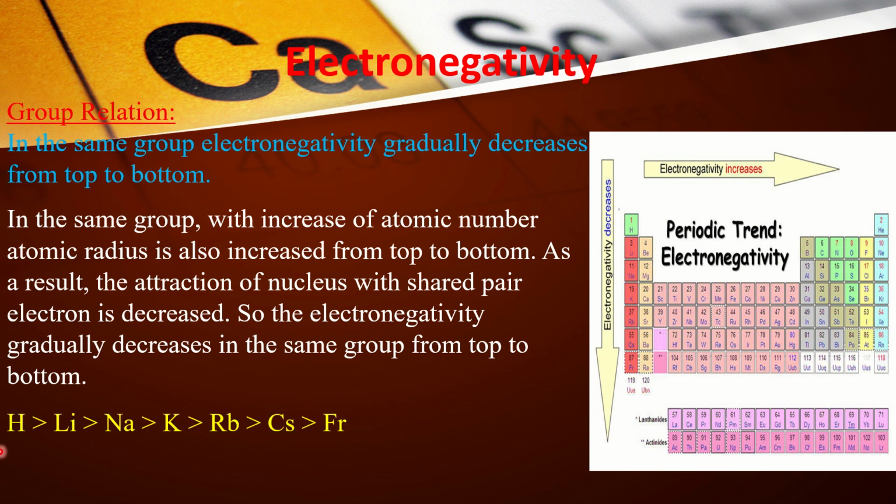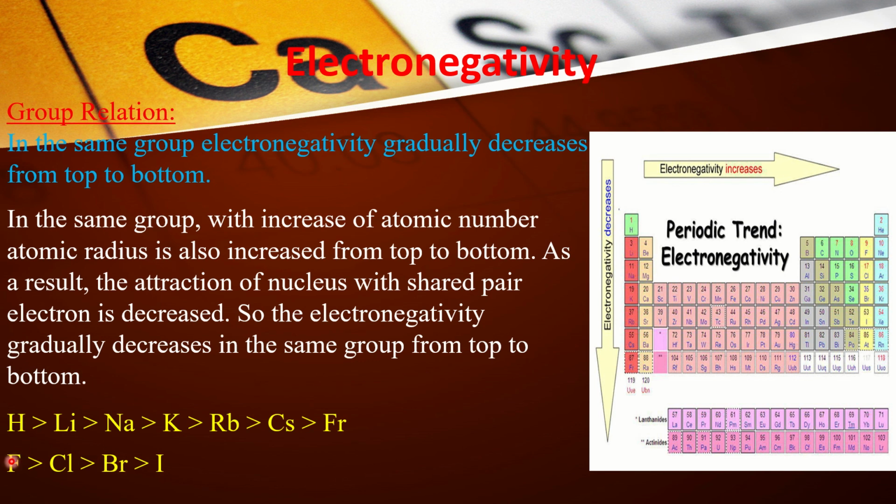For group 1, electronegativity of hydrogen is the most, then lithium, sodium, potassium, rubidium, cesium, and francium has the least electronegativity. For group 17, fluorine has the highest electronegativity and iodine has the least. Dear student, there is no deviation.